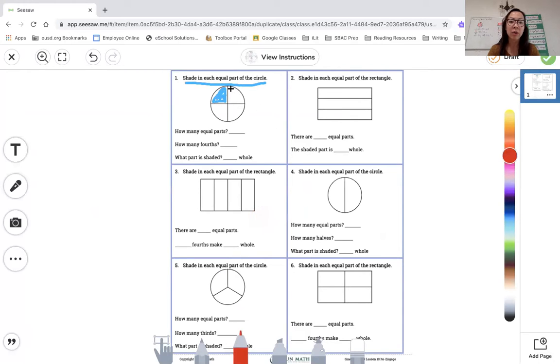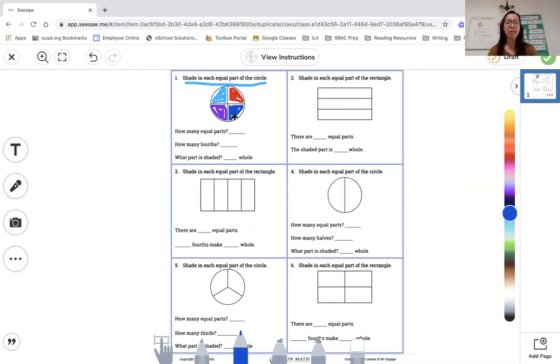So you color in one equal part, color in another equal part, another equal part, and so changing colors helps us just see how many equal parts are there. It's making sure we got it, that when we have fractions, each of them are a different equal part, but they're all part of the whole shape.